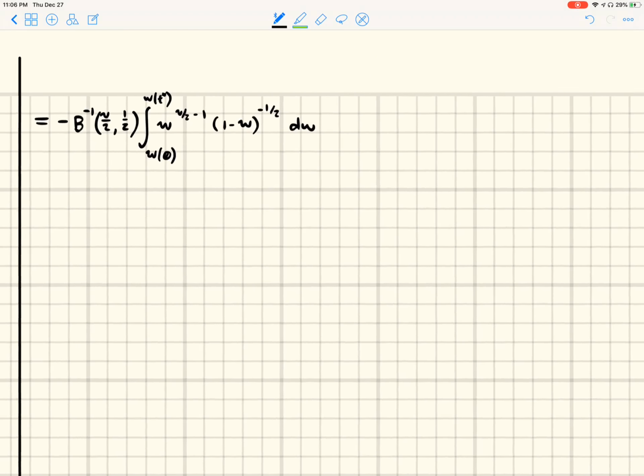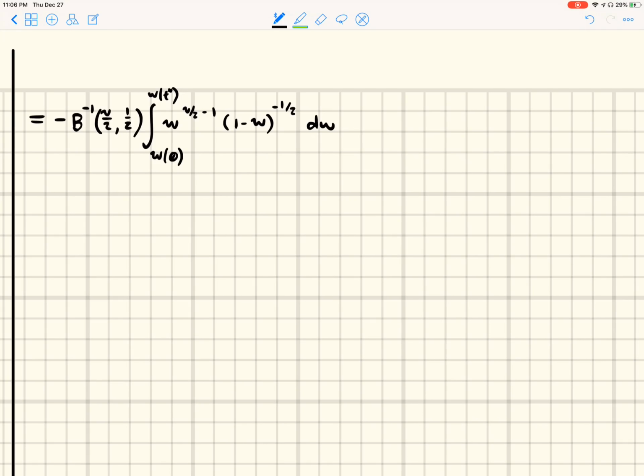But to start off, we need to evaluate the new upper and lower limits of integration. So the question is, what is w of t star, and then what is w of 0? Well, if we recall, w is simply v over v plus t squared, and this is a function of t.